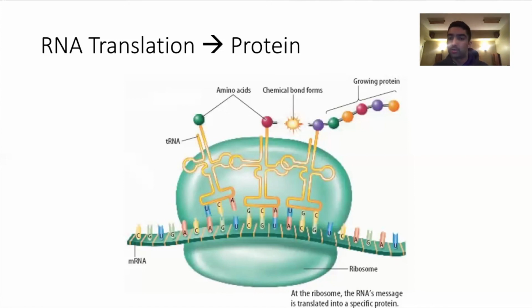Amino acids are the building blocks of proteins. Proteins are just a chain of amino acids in a row. And so these tRNAs can base pair with the mRNA on one end, right, at the bottom, but on the other end, at the top, they have an amino acid connected to them.